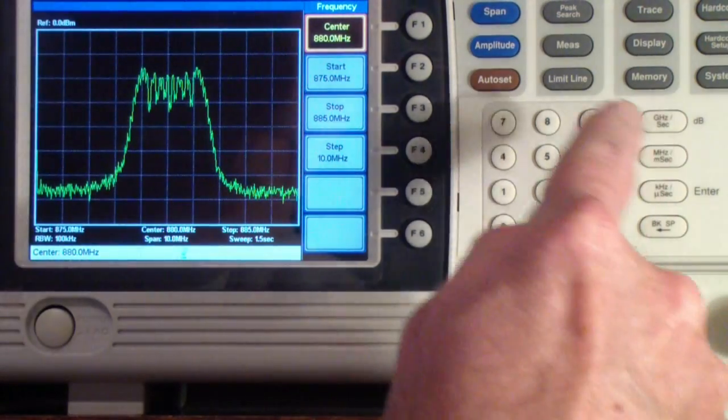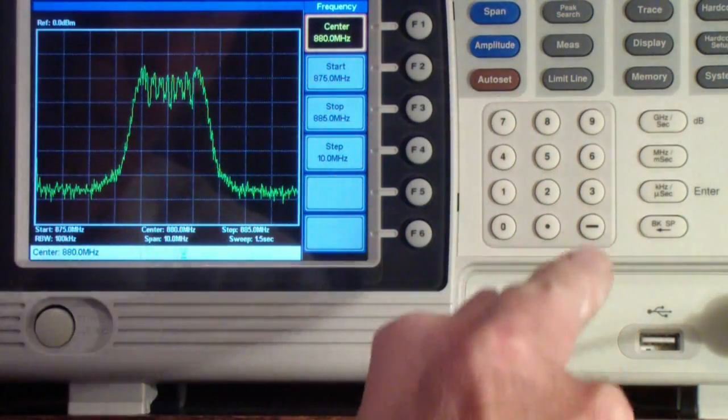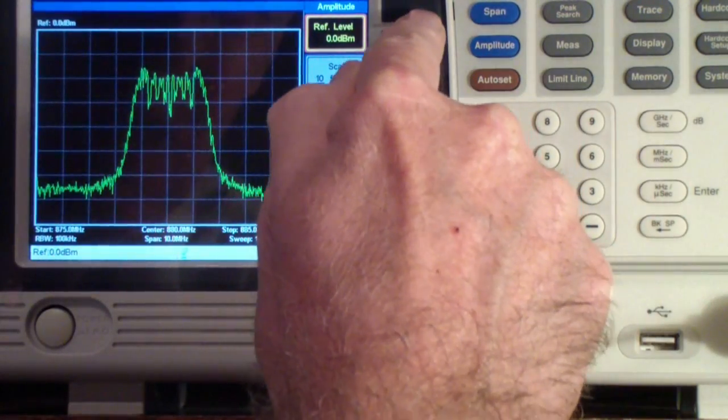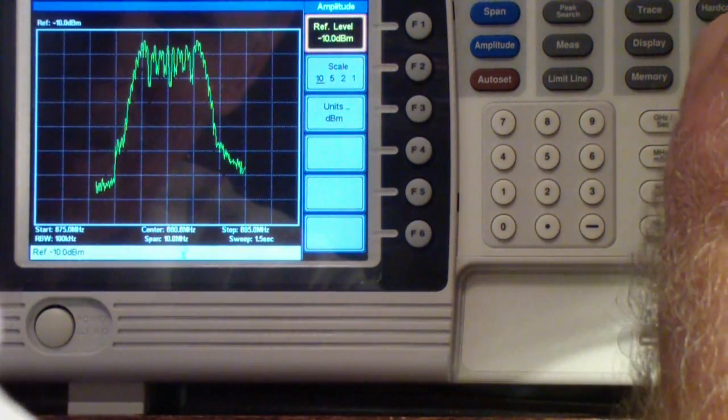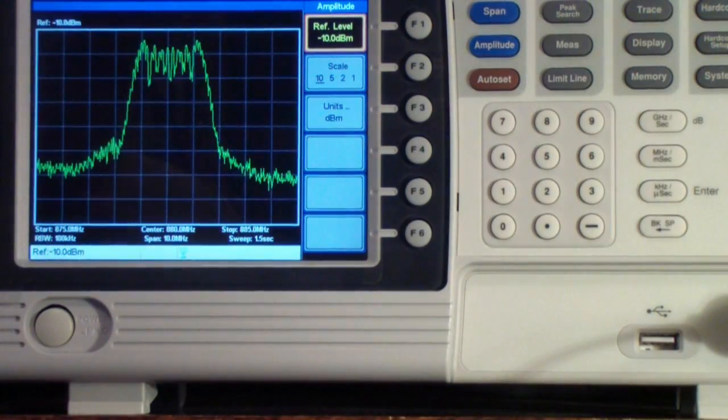I think I'm going to change that to minus 10 dBm. Now we're set to do an ACPR measurement.